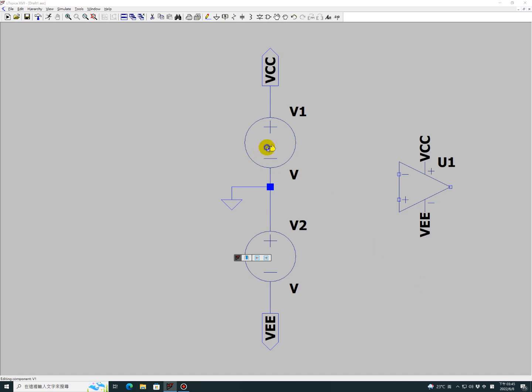And how much do we need? We need 15 volts. Now we have positive and negative supplies, and now let's look at how we can complete this design.